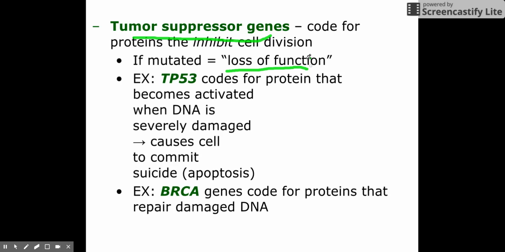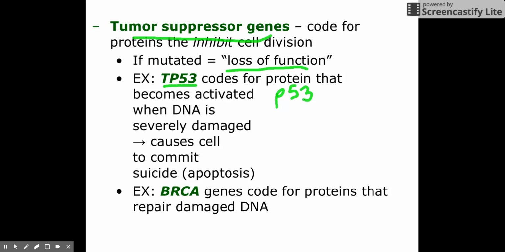A couple examples. One example that's very well studied is the gene called TP53, which codes for the protein called P53. P53 becomes activated when DNA is severely damaged. That is a really important thing that needs to be noticed in the cell and repaired if possible.